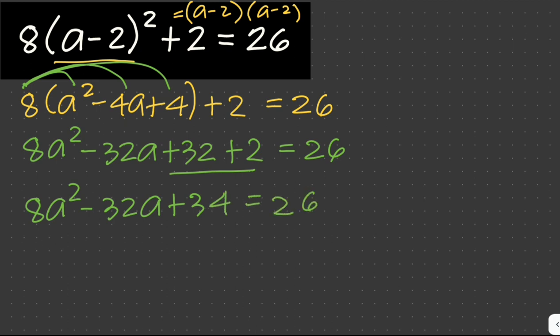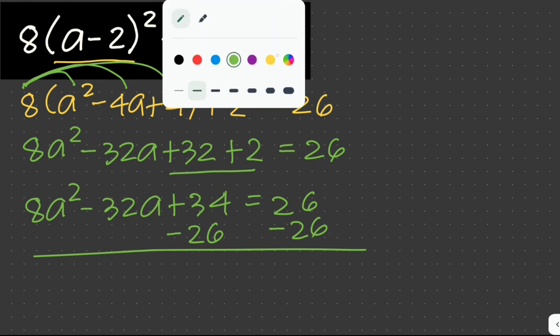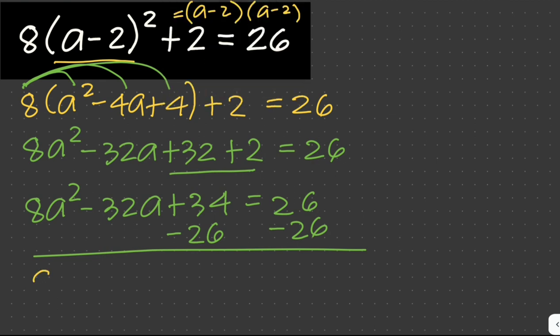Now we need to write all of the terms to one side. In this case, we write all the terms to the left. Then we subtract 26 from both sides. So this would become 8a squared minus 32a plus 8 equals 0.